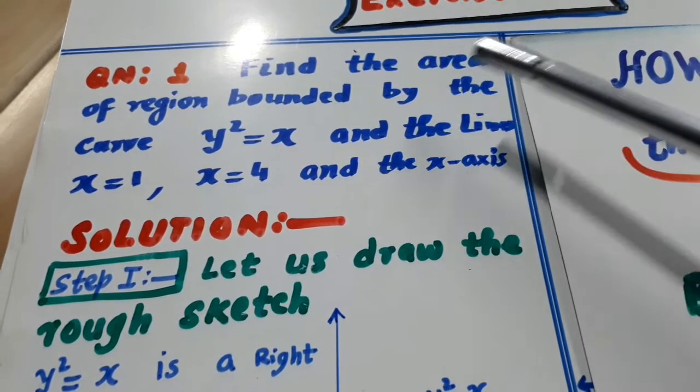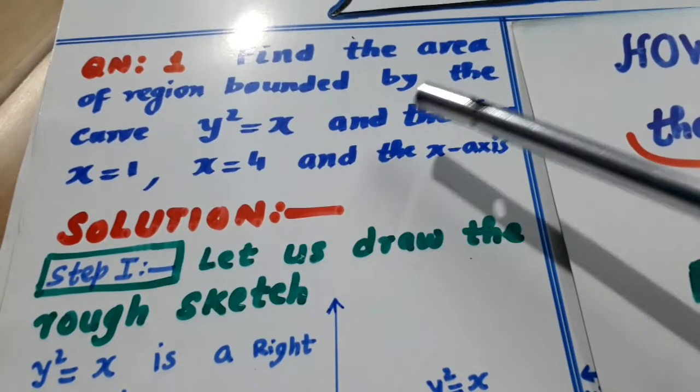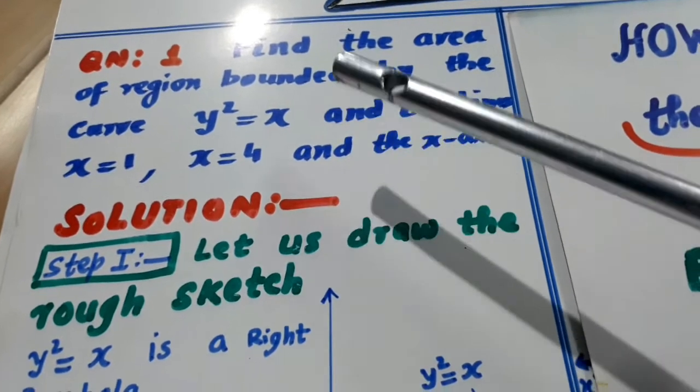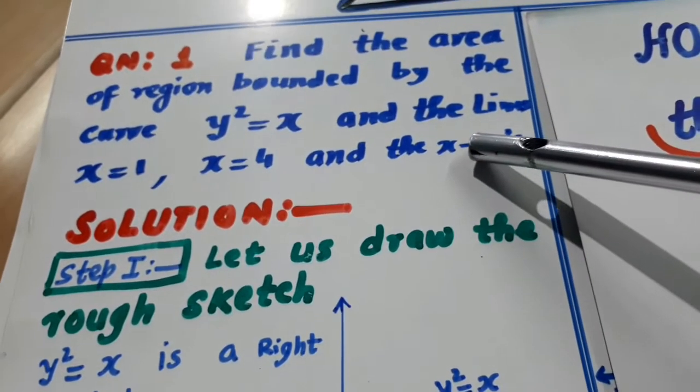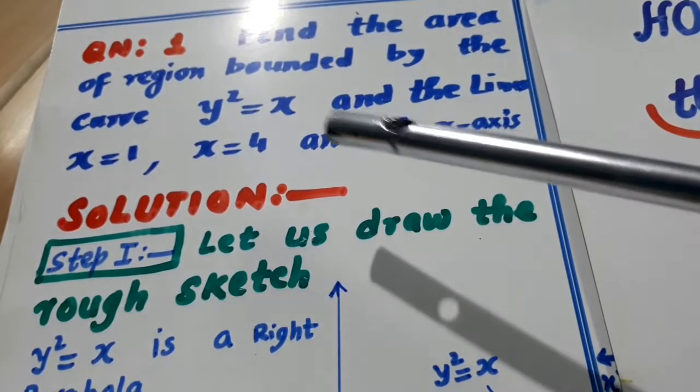So we have to find the area of the region bounded by this curve, two limits and the x-axis. The complete boundary is given to us.